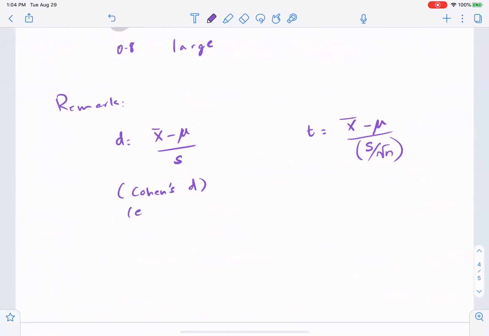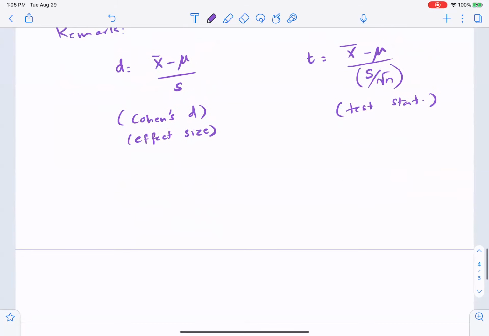Cohen's d, which is the effect size. Here, it is the test statistic. What is the difference that we observe? Aside from one's called d and the other t, there is a difference in the formula. Very good.